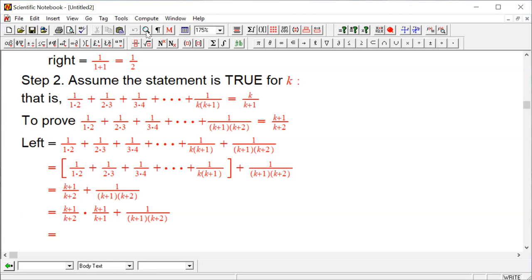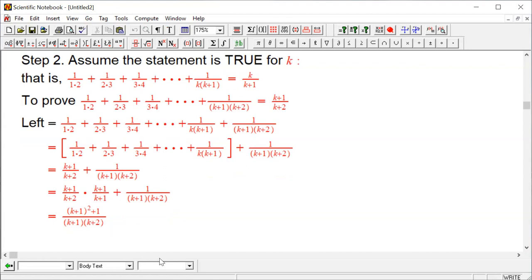We're going to keep that same denominator, which is k plus 1 times k plus 2. And we're going to add the numerator. The numerator on this piece is k plus 1 squared, and plus 1. Now we are going to FOIL the top.